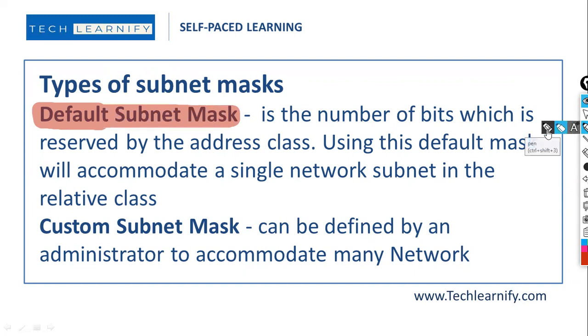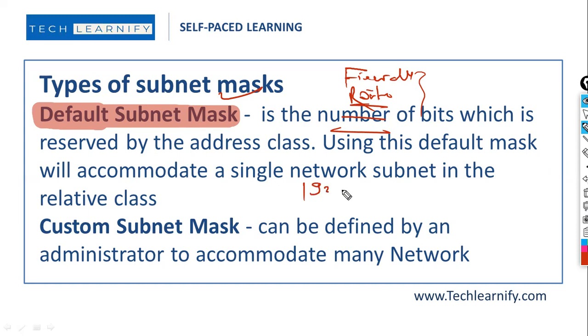Because in Windows computers, yes, there is the concept of default subnet mask. But whenever we configure network security devices like firewalls, routers, or some other devices, there is no concept of default subnet mask. After writing down the IP address, you will have to specify the subnet mask, right?